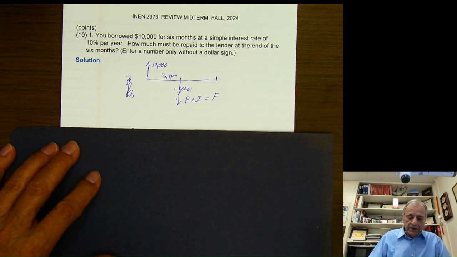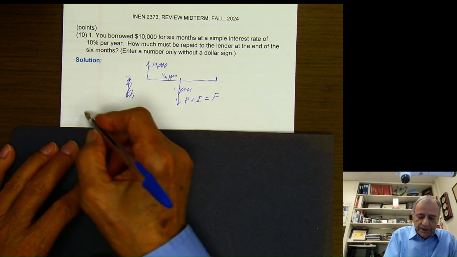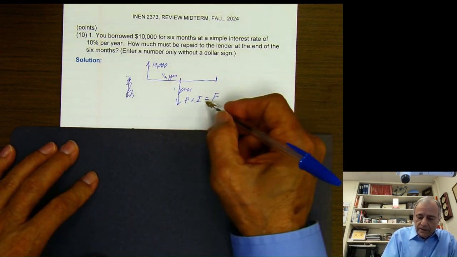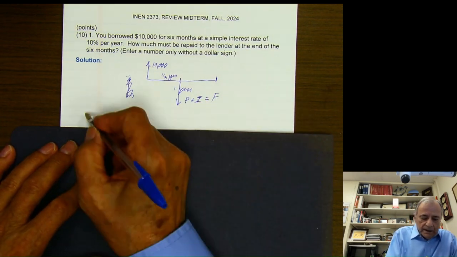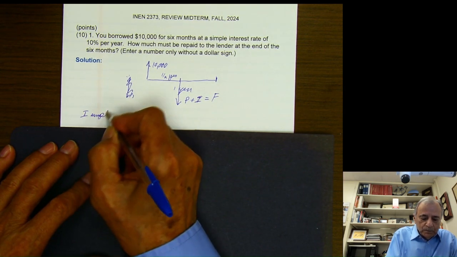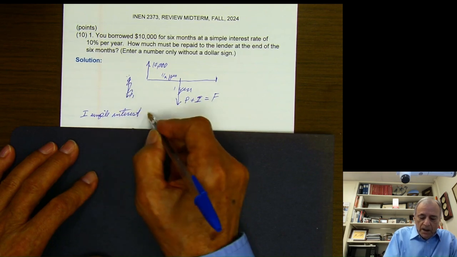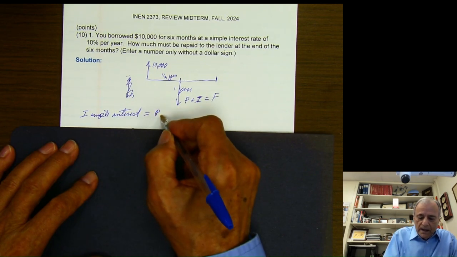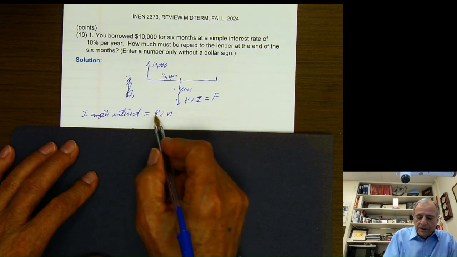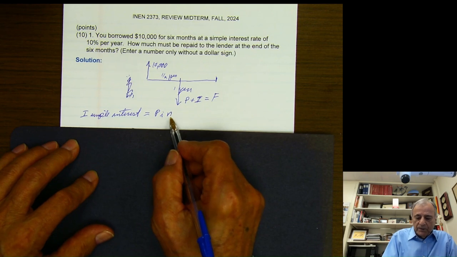And the formula for the simple interest, I, is equal to PIN, the principal times the simple interest rate times the number of periods.